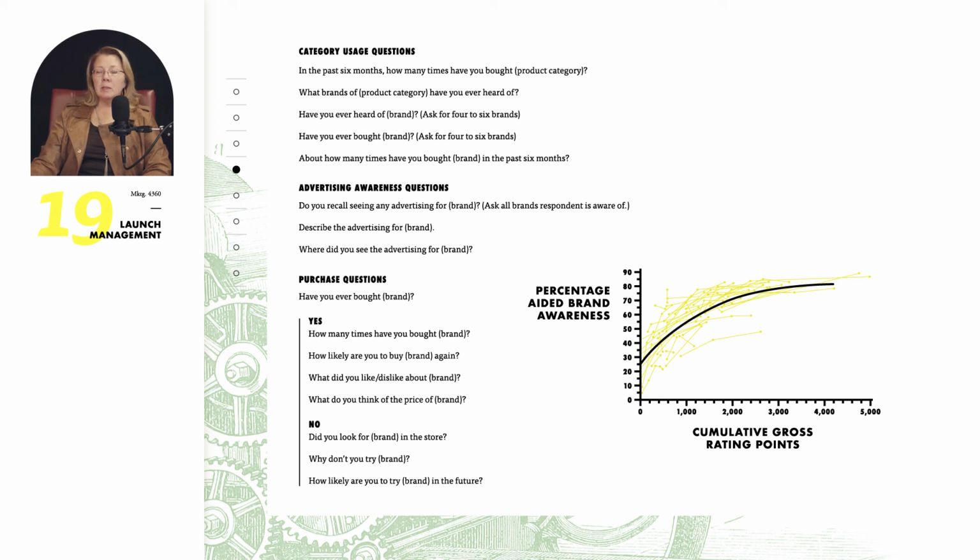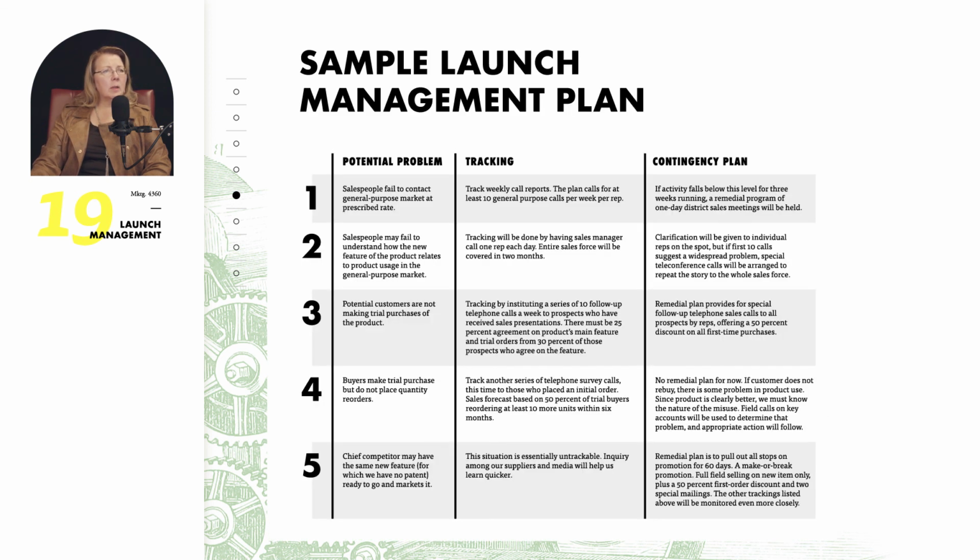Describe the advertising that you saw for this brand. So based on these questions that you're asking consumers, you're going to be able to establish a certain level of awareness, and you can track that compared to what you anticipated having. All right, I hope that makes sense. Okay, so here's a sample launch management plan to kind of pull all these pieces together.